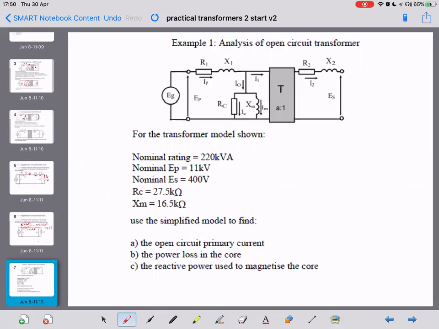So it's asking you to find the current IP, which will be IO in this case, the power loss, so that's the power dissipated by the resistor, and the reactive power, which is the Q used to magnetize the core. All right, so have a go at that problem, and then we'll go through it and see if you got the right answers.